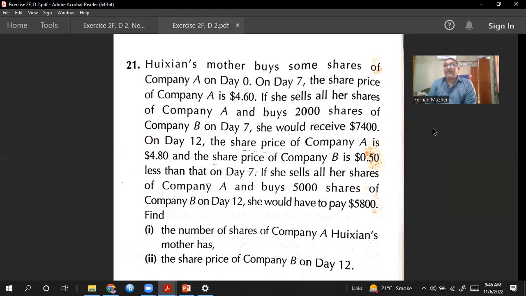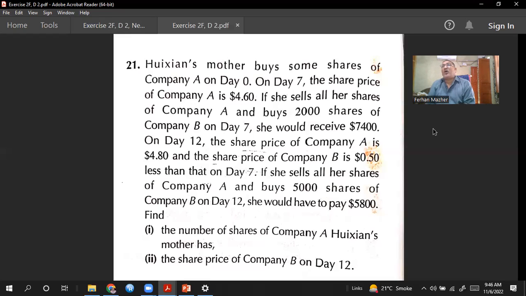On day 12, the share price of company A is $4.80 and the share price of company B is $0.50 less than that on day 7.